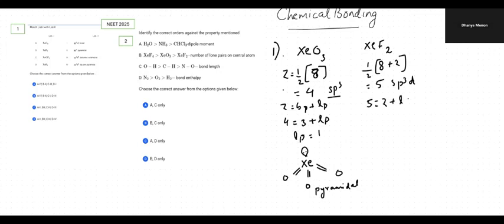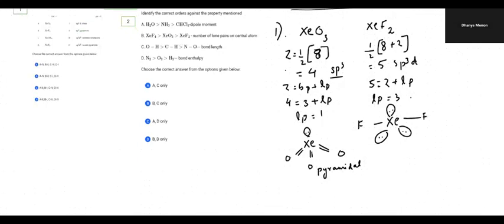Lone pair is equal to 5 minus 2 is 3. Okay, so there are 3 lone pairs. So we keep the lone pairs as far away as possible, and fluorine. Now usually when we determine the shape, we ignore the lone pairs. So when we ignore the lone pairs, what shape is it? It is linear shape. Okay, so that we discussed in the video itself.